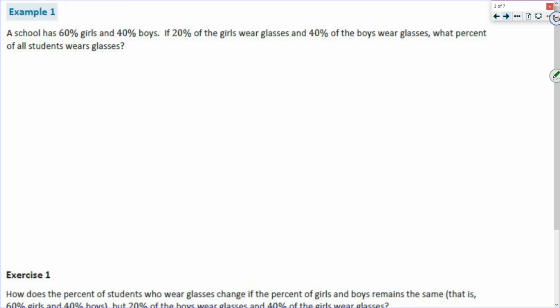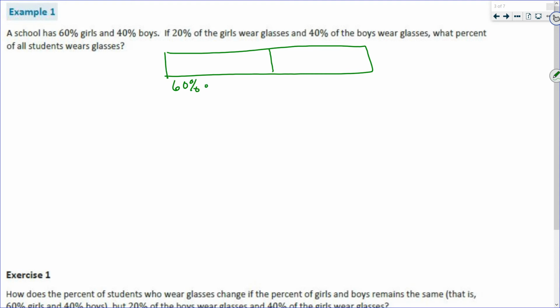So, tape diagram. We're going to start off with just a simple tape diagram. It's not going to be pretty, and it doesn't need to be pretty. Okay, so 60% are girls. Okay, so 60% of girls. We're going to represent that with 0.6n.